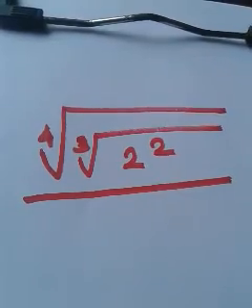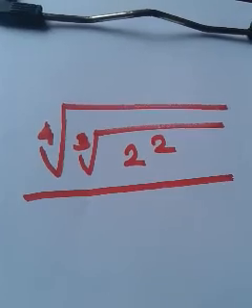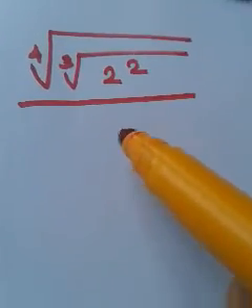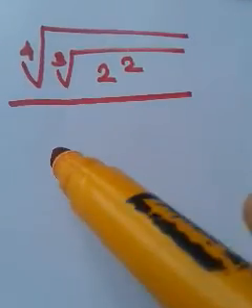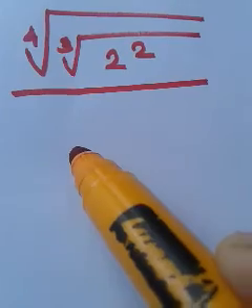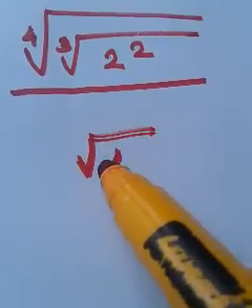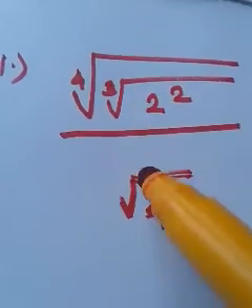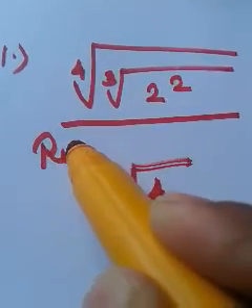In order to solve this question, we need to know a rule which you didn't learn. I will introduce that rule. First, what is the square root of 4? To answer this, we need to learn some remarks, some points.